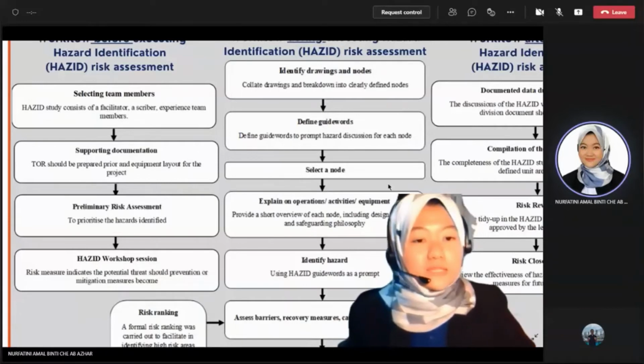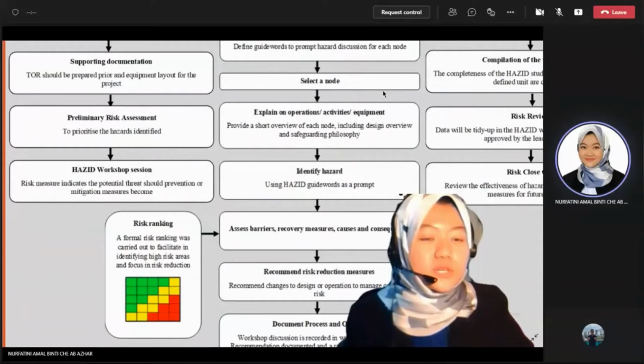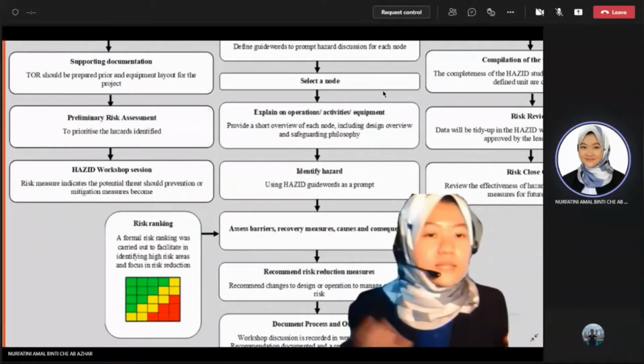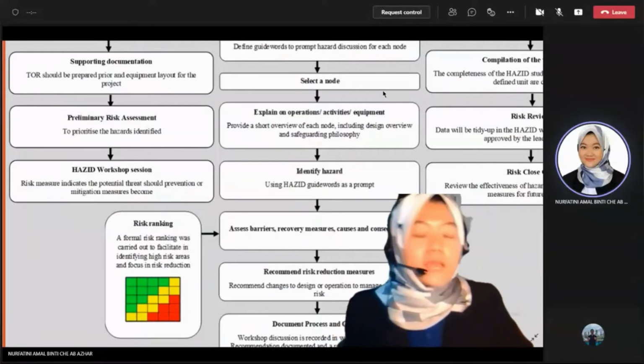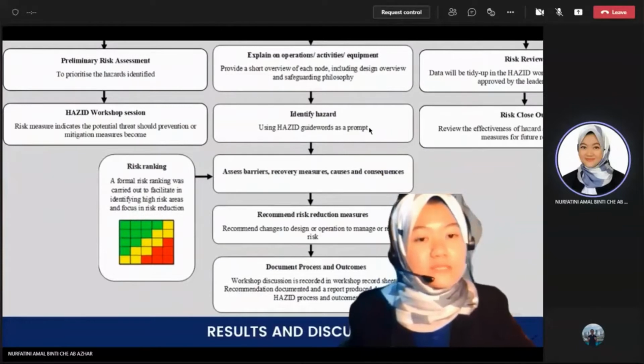And then we will select a node, and the operation engineer or the safety engineer will explain more on the operations and the hazards involved. And then we will identify hazards relating to the activities.